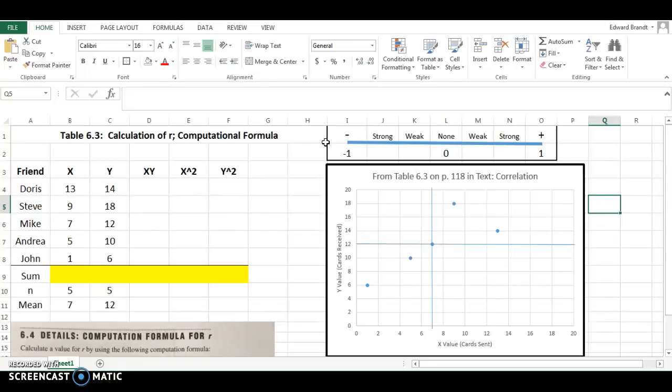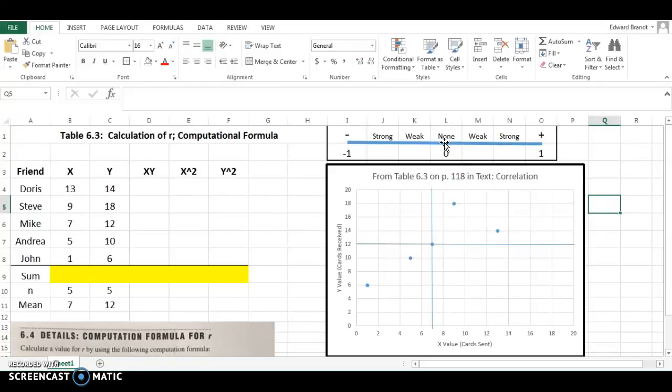There are two main components to it. First off, if you have a relationship that is positive, meaning as one value increases, so does the other, you're going to end up with a positive value for R. If it's a negative relationship, meaning as one increases, the other decreases, you're going to end up with a negative value for R. If you end up with a value of 0 or very close to 0, then you're talking about a relationship that is neither.